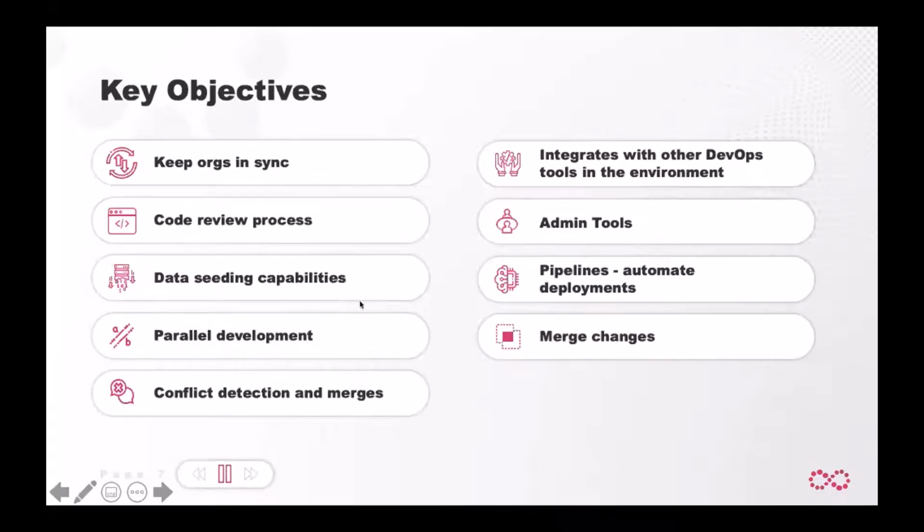Doing seeding within your sandboxes, right? This is a very crucial capability because full sandboxes and partial sandboxes are very expensive. So having this capability is very important. The other thing that customers often don't ask us about is having a good set of admin tools. For DevOps, it's good to have version control and pipelines and all that stuff.